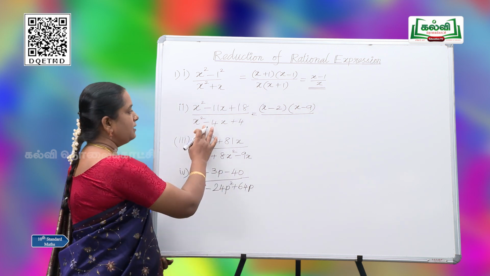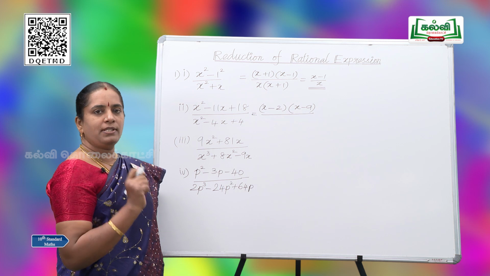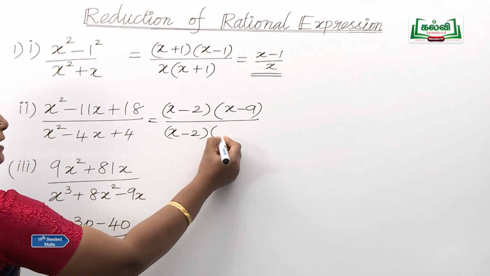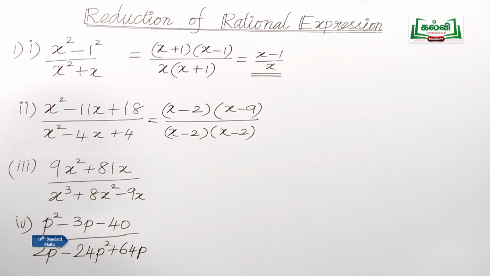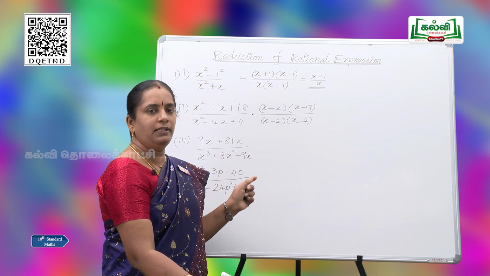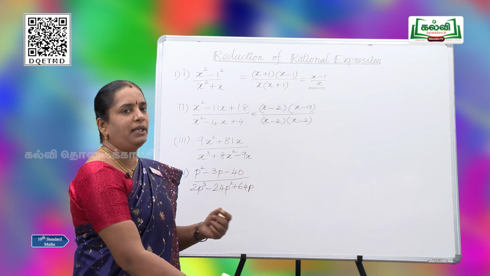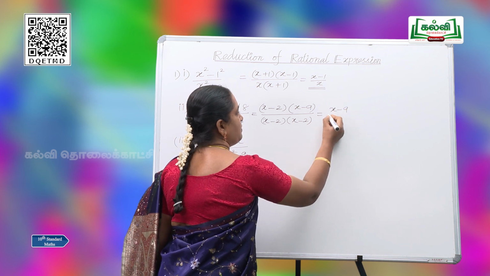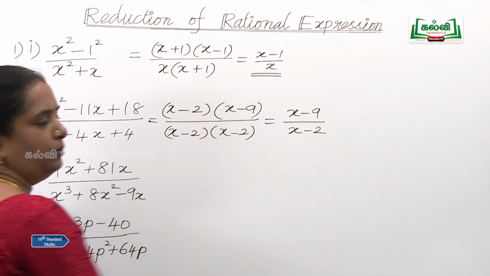So, as the sum has negative sign, we have to write x minus 2 into x minus 2. So, this is the factorized form of the denominator. So, the common factor in the numerator and the denominator can be cancelled and we can write the reduced form as x minus 9 by x minus 2.